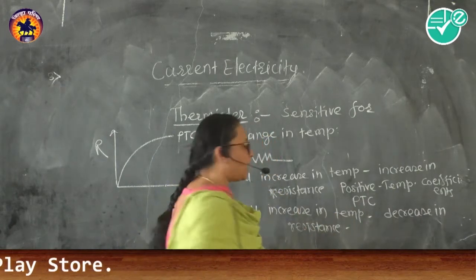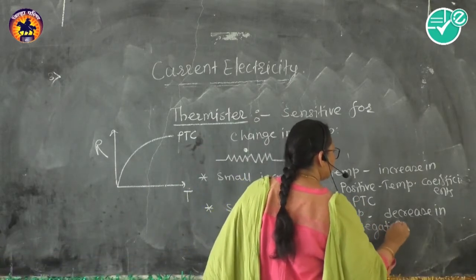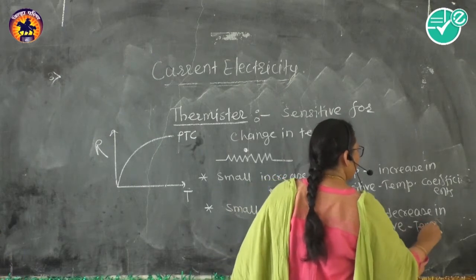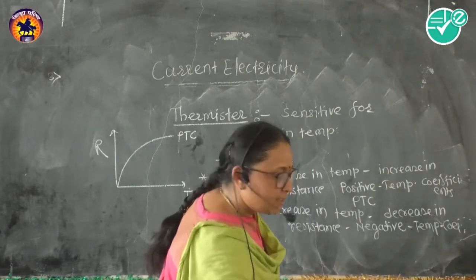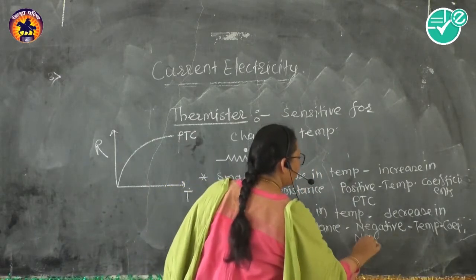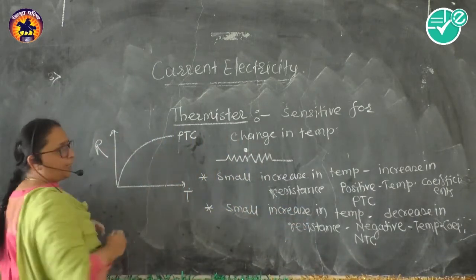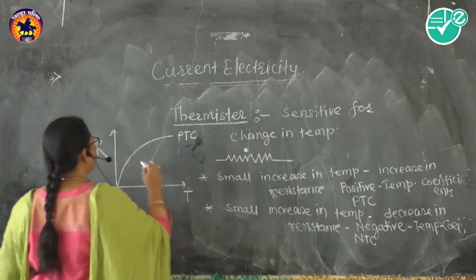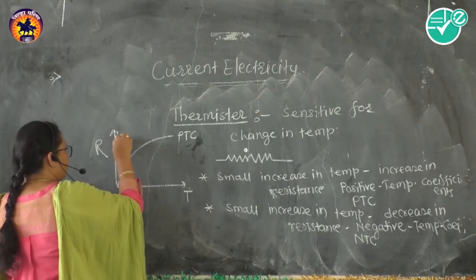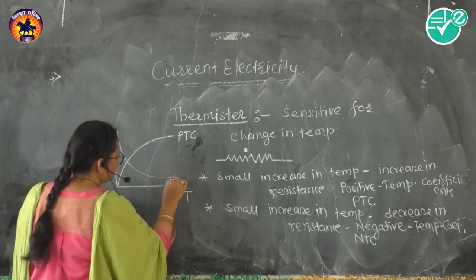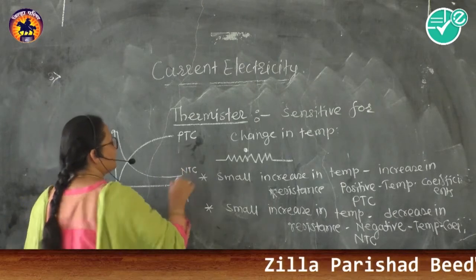Such thermistors are known as negative temperature coefficient thermistors. In short, it is named as NTC. And if we plot graph for that between temperature and resistance, in case of this NTC, you will get graph as there is increase in temperature, there is decrease in resistance of that material. So this is graph for NTC.